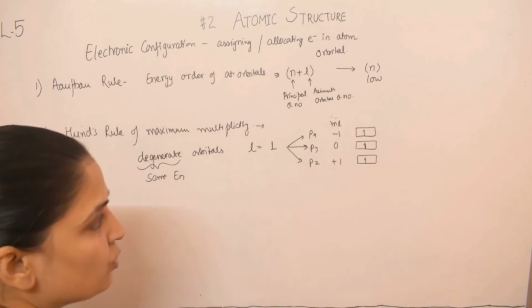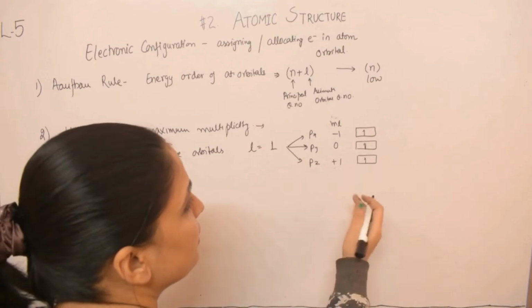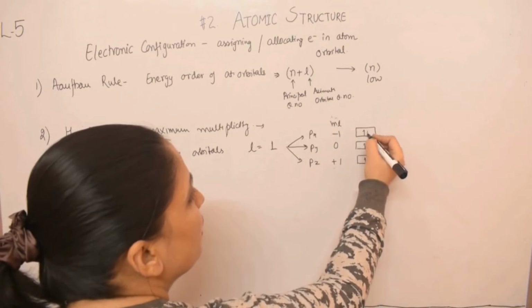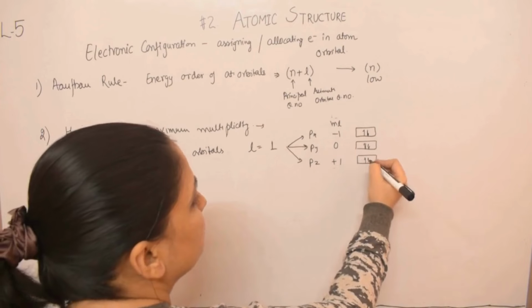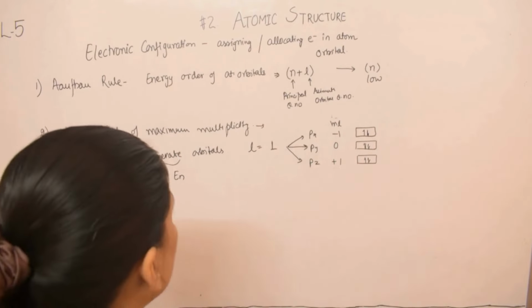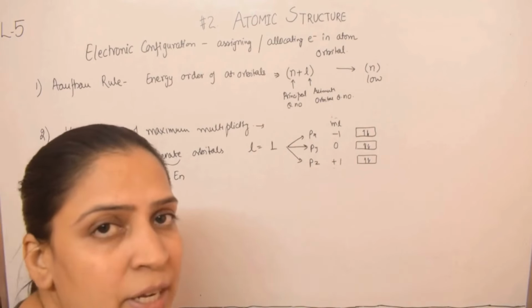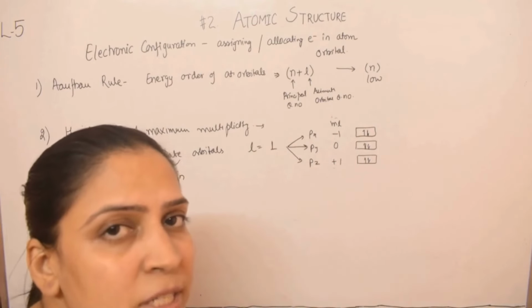So 3 electrons will fill like this, and then the pairing will occur and the next, 4th electron will go in this. I'll explain this upspin and downspin in the next rule, but Hund's rule says that each degenerate orbital is singly occupied before it starts pairing up.